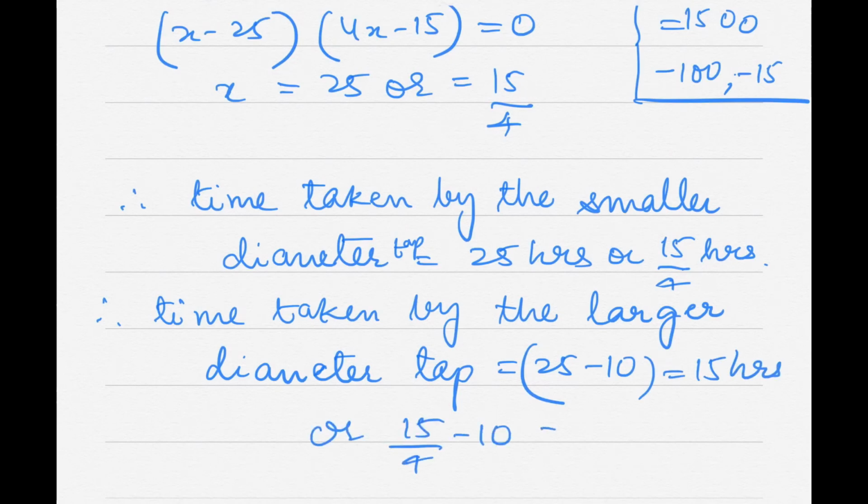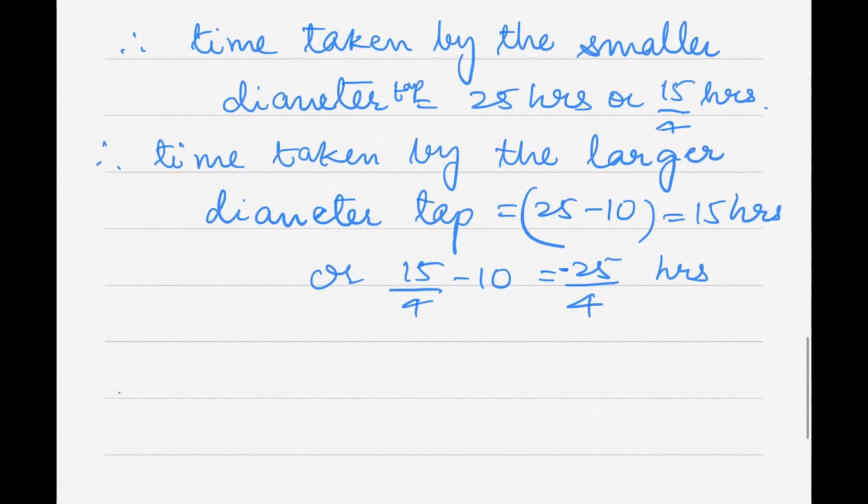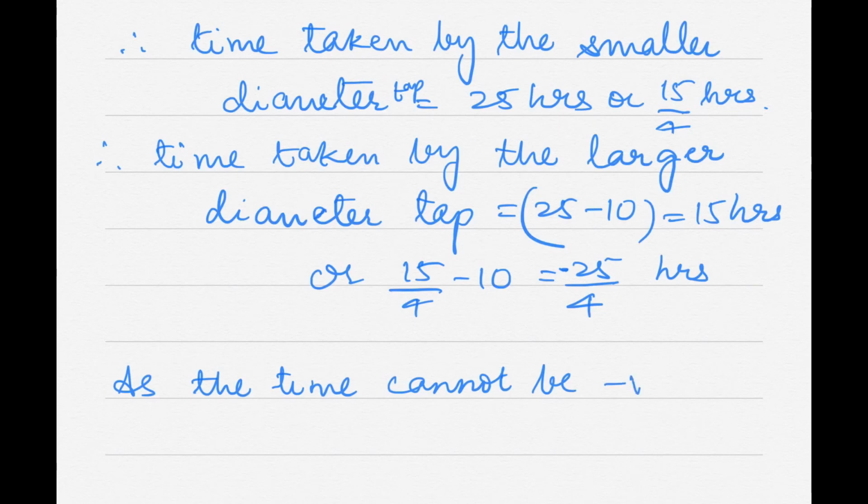So that would give me, 40 minus 15 is 25, so it's giving me a negative value, right? Now my time cannot be negative, correct? Time taken cannot be negative.